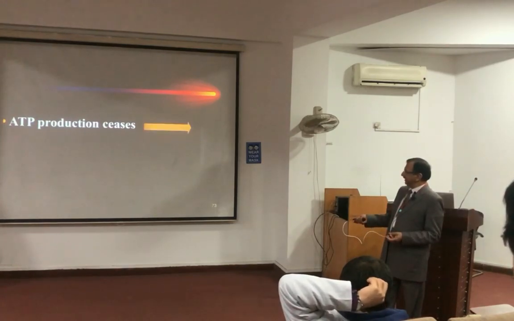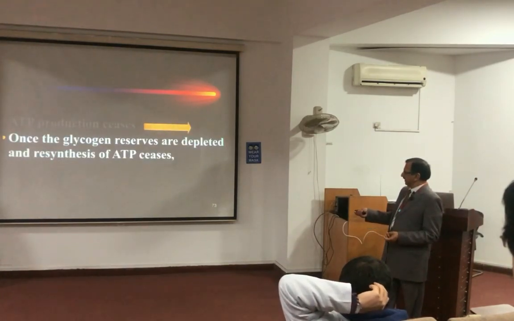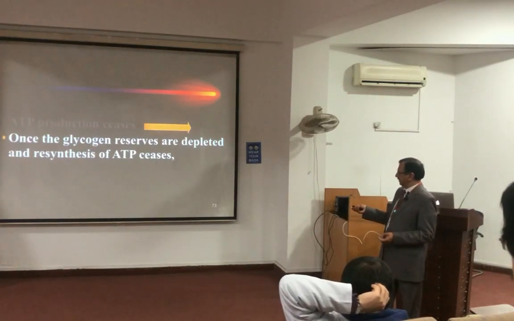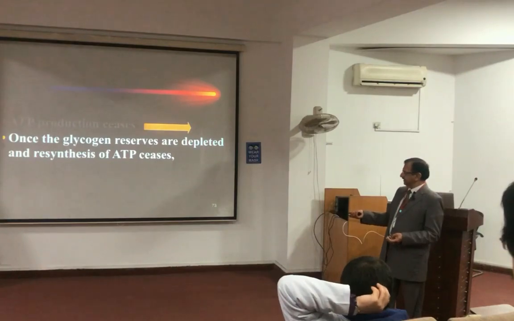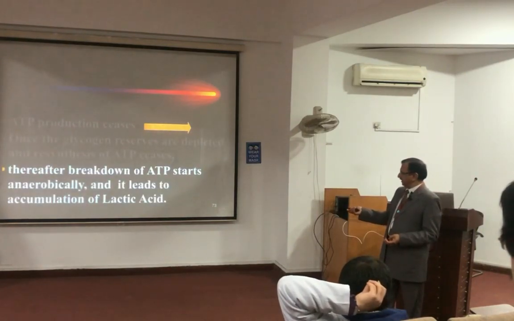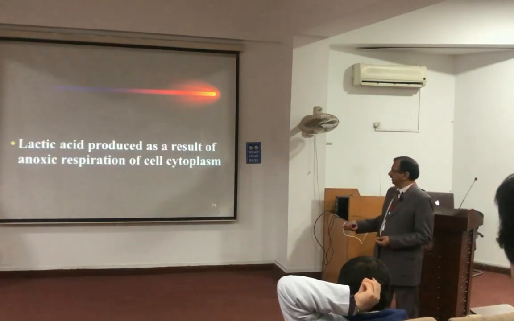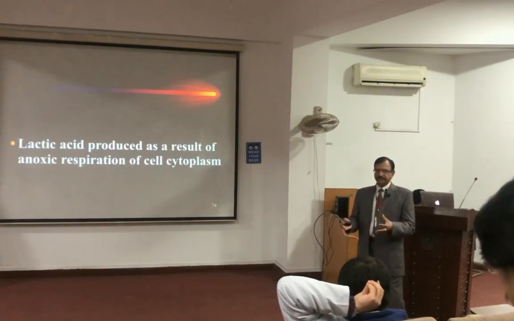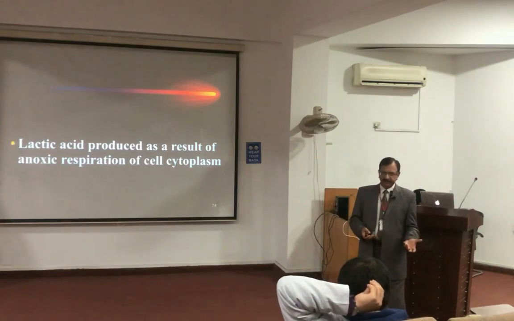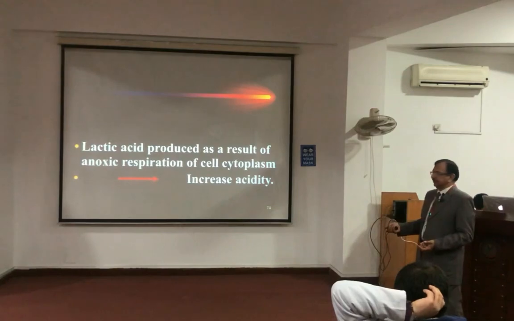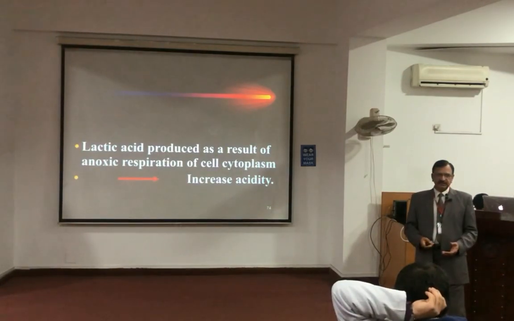On the one end, the ATP production ceases, the glycogen reserves are depleted, and resynthesis ceases, and after that it starts anaerobically, and the lactic acid is now accumulating, which is causing the fall in the pH, increased acidity.